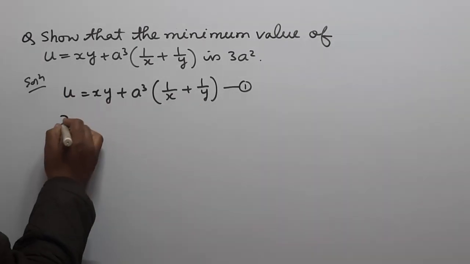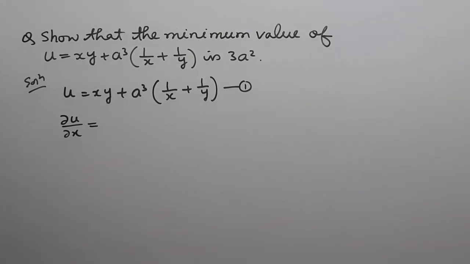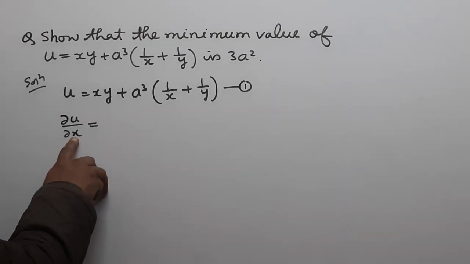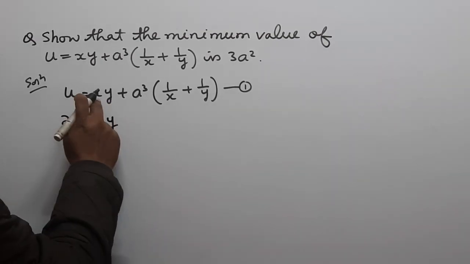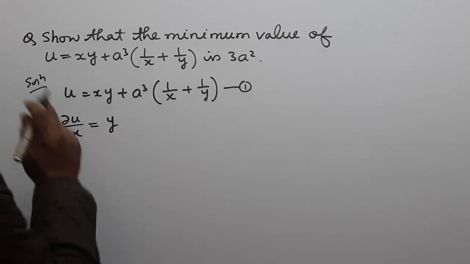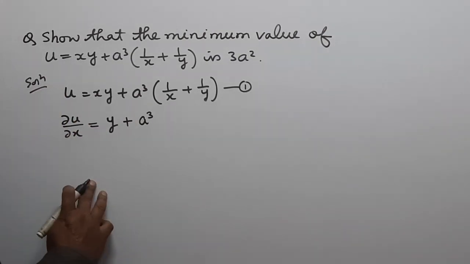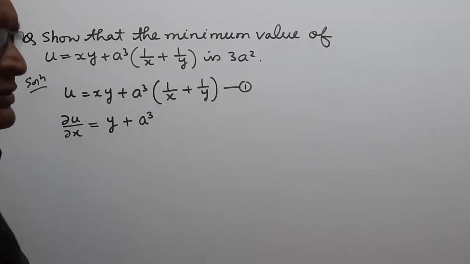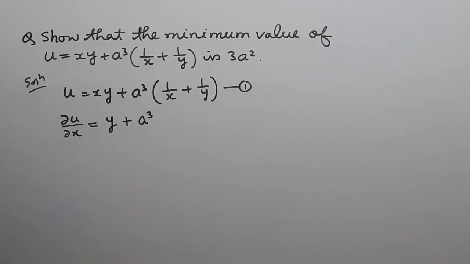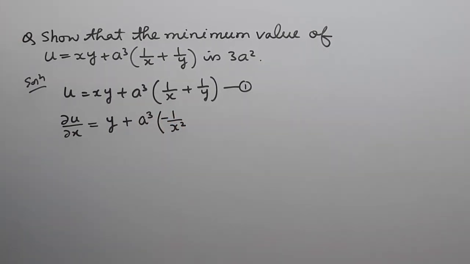So the partial derivative of u with respect to x. Here we differentiate u partially with respect to x, so y is constant, and the partial differentiation of x with respect to x is 1, plus a³ is the constant, and when we differentiate 1/x with respect to x, we get minus 1/x².